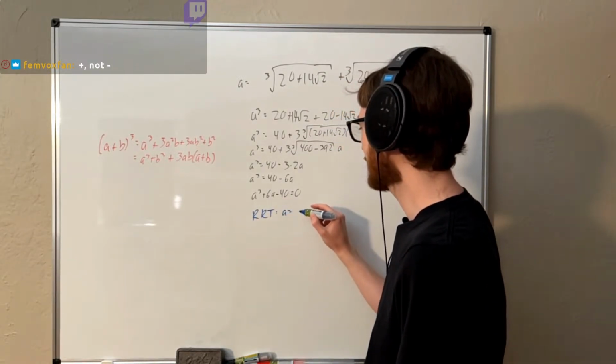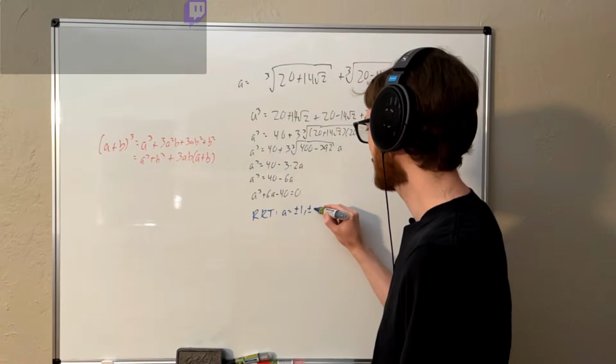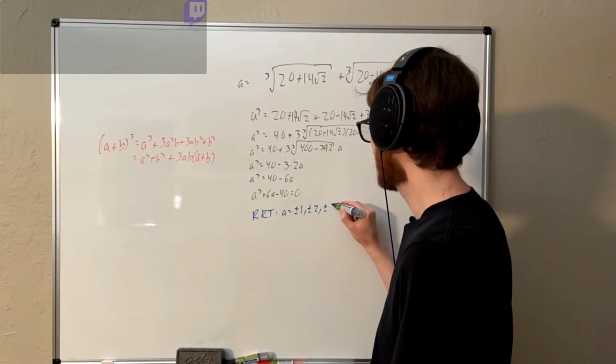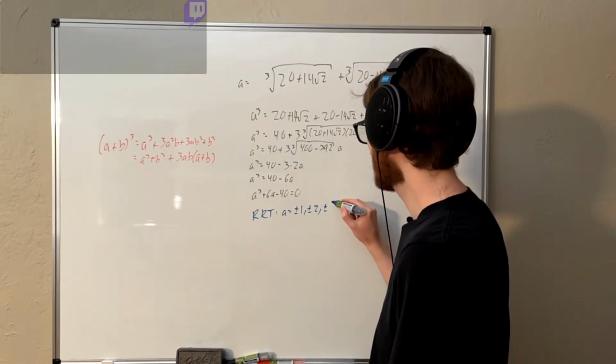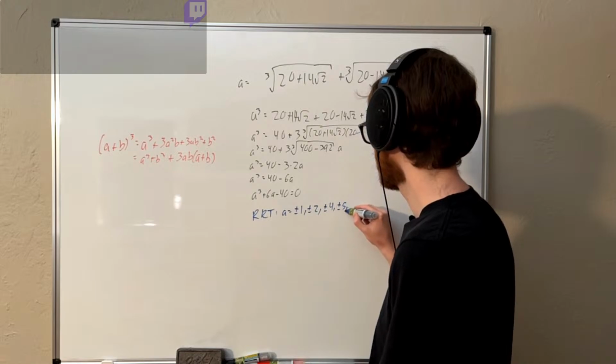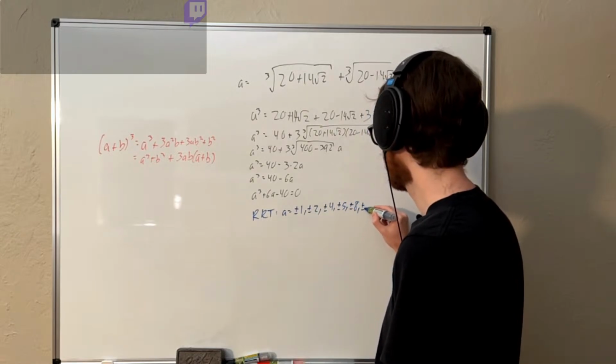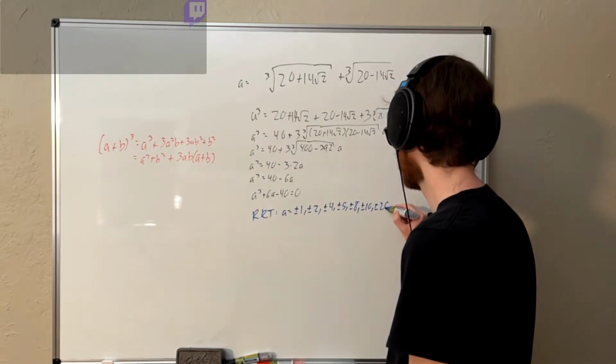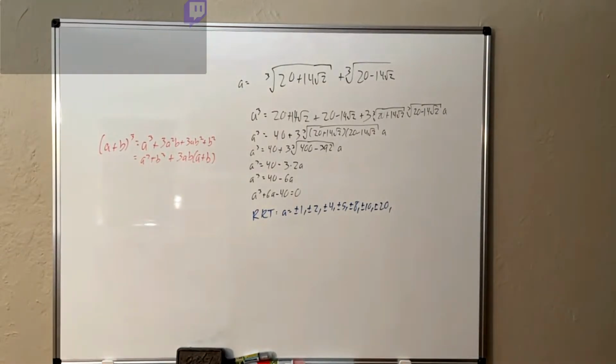The candidates we have to check are plus or minus 1, plus or minus 2, plus or minus the factors of 40: 4, 5, 8, 10, 20. A equals 4 by inspection. I wasn't going to go through the pain of checking every last one of these.